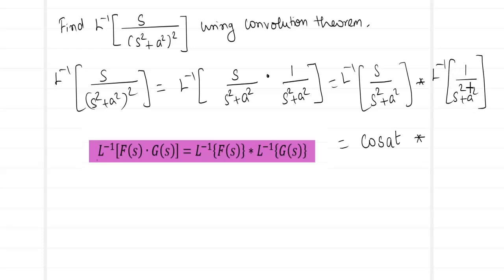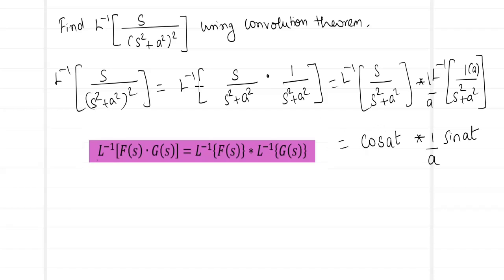Hence, to apply the formula, what you require is a in the numerator. So balance it by multiplying and dividing by a. This gives me 1 by a times a by s square plus a square, whose Laplace inverse makes it sin at.